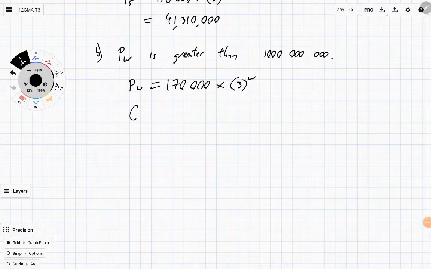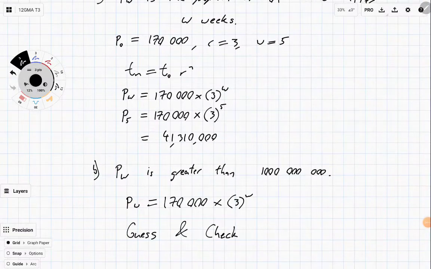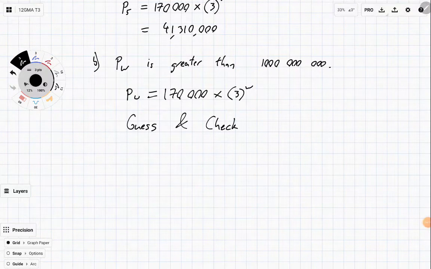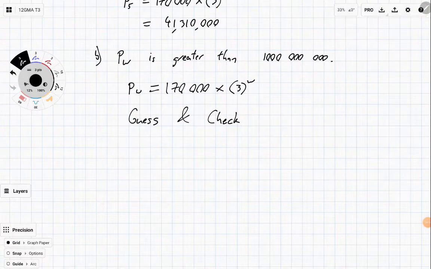So guess and check. So for my first guess, well, we know that 5 weeks isn't enough because we only get 41 million. Let's try 8 weeks, so W equals 8. So this is my first guess, and we get P of 8 is equal to 170,000 times 3 to the power of 8.